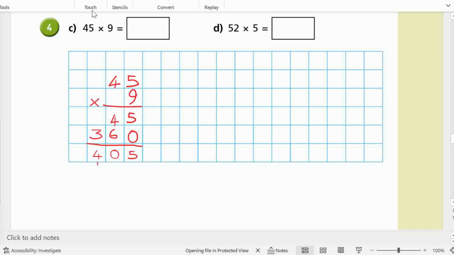Let's do the other way, which is a bit shorter. They're very similar, really. You have to go through the same process. 9 times 5, we just did it. What is 9 times 5? 45. What is 9 times 4?